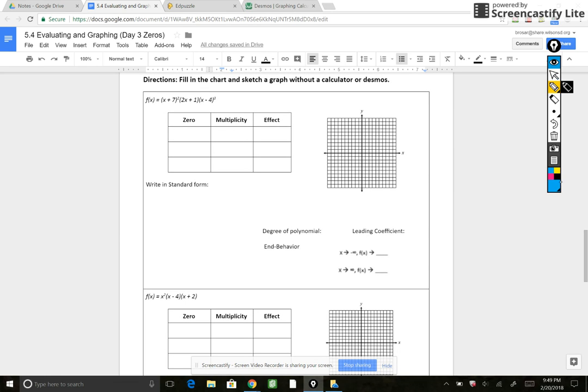So for the next one, my zeros are -7, -1/2, and 4. The multiplicity of -7 is 2. Multiplicity of -1/2 is 1. And the multiplicity of 4 is 3. So I touch at evens and cross at odds.